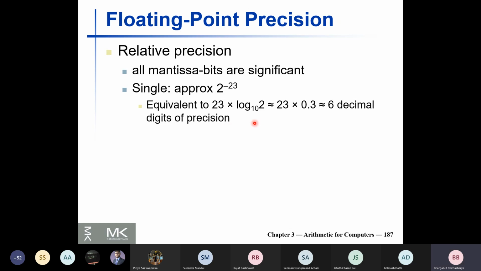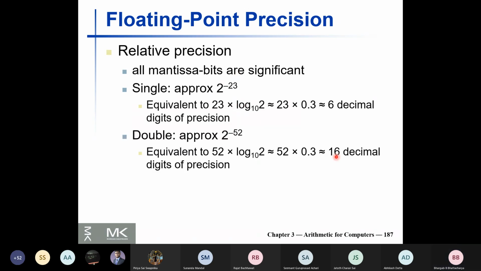That is the kind of precision that can be represented in single precision. Similarly, in double precision, in the decimal domain you could represent 16 digits of precision after the decimal point.